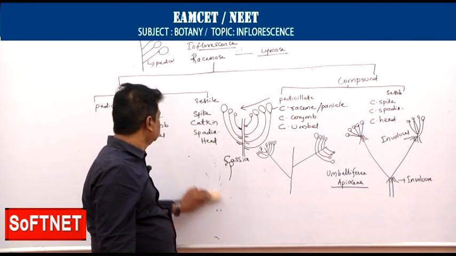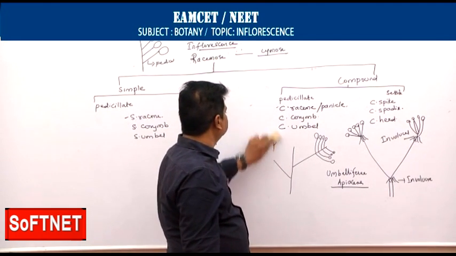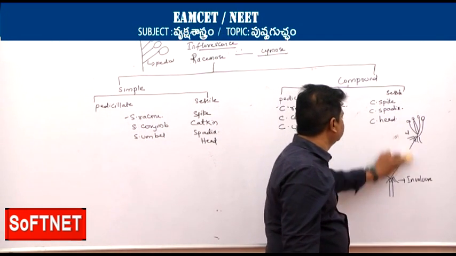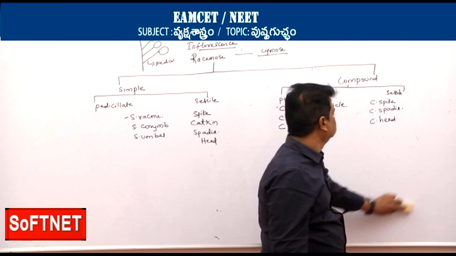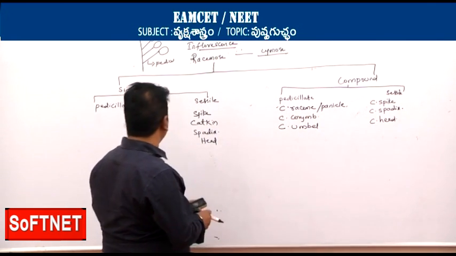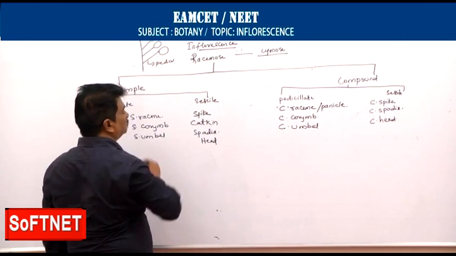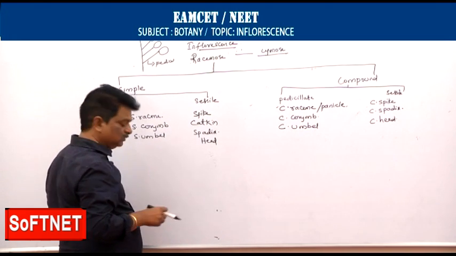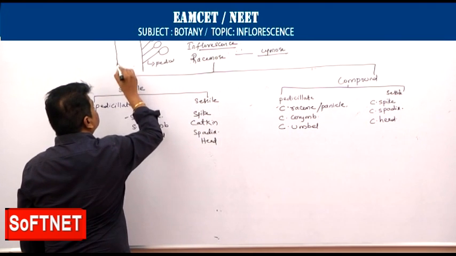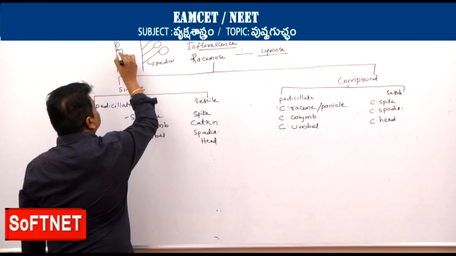Next one, racemose and sessile inflorescence. Under racemose, sessile inflorescence, the first one is a spike. First one is simple spike. Simple spike means it is exactly similar to simple raceme, but the only point is that the flowers are sessile.